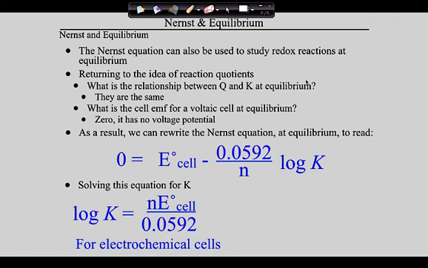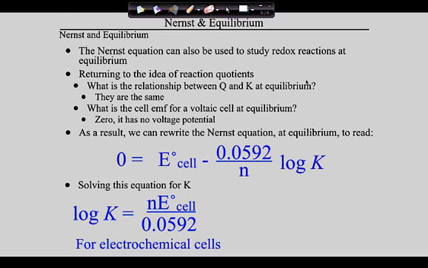Now let's bring in Gibbs free energy. At equilibrium, what is true of delta G, the change in Gibbs free energy? It's 0. Guys, we've got to review. Delta G is equal to delta H minus T delta S, right?